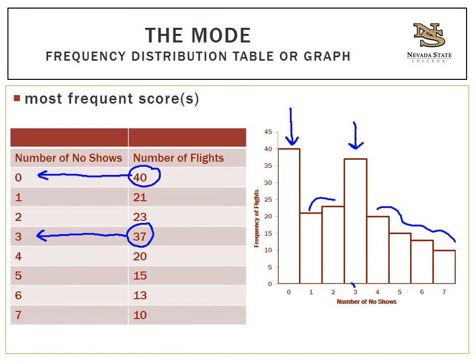So we go down to the value associated with those tallest bars, and again, we find that our mode equals 0 and 3. Now for the mode, you don't do any math. You don't figure out the mean of those two values and say that it's, what would that be, a 1.5 or 2 or something. You just look at it and you say, okay, there's two modes, two most frequently occurring scores.